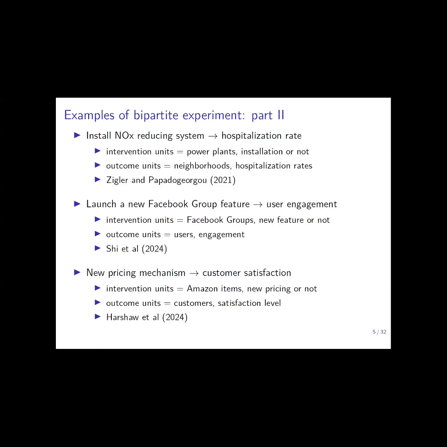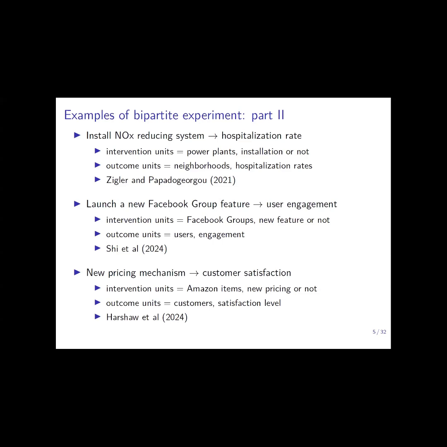You can imagine one Facebook group has multiple users, and one user may be in multiple Facebook groups. This is the bipartite graph structure. The treatment is the new feature or not. The outcome is measured as user engagement. This is the Facebook experiment setting.